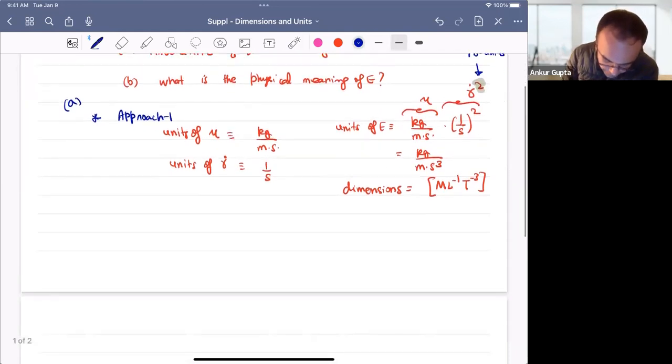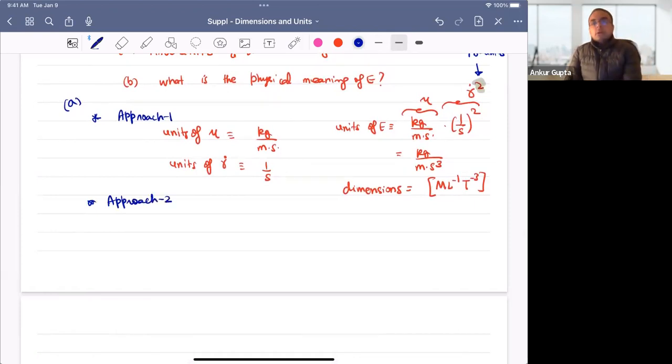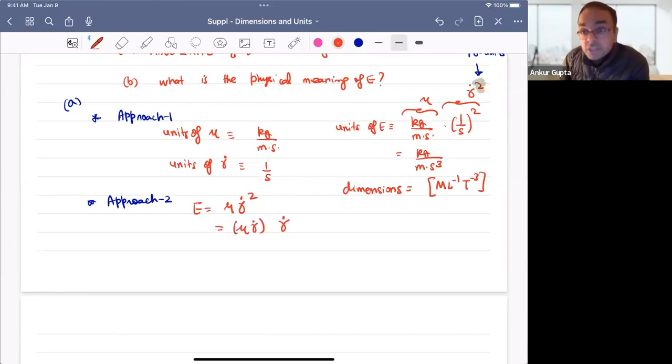I have been given that E is equal to mu gamma dot square. But I also know that mu gamma dot is actually tau, the shear stress.